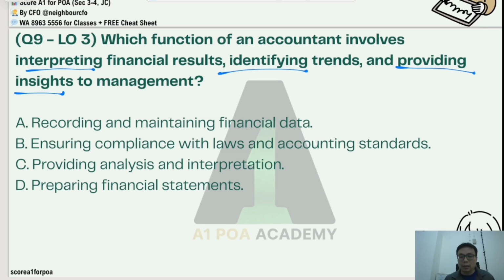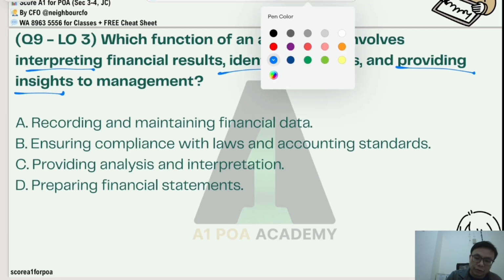This one is more like an on-start, primary process, right? The process at the very beginning of the whole entire accounting processes. So it is not so much of an interpreting, identifying trend, which represent the later portion of the accounting process. So with that in mind, A is wrong.